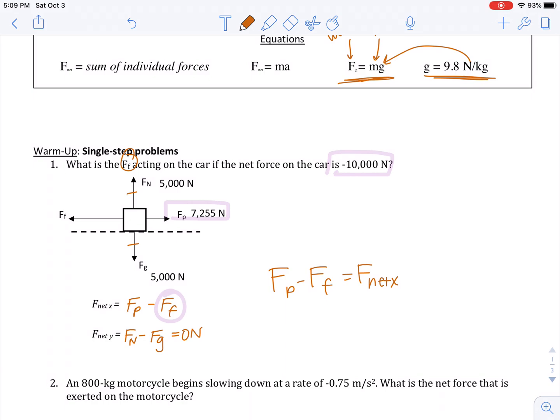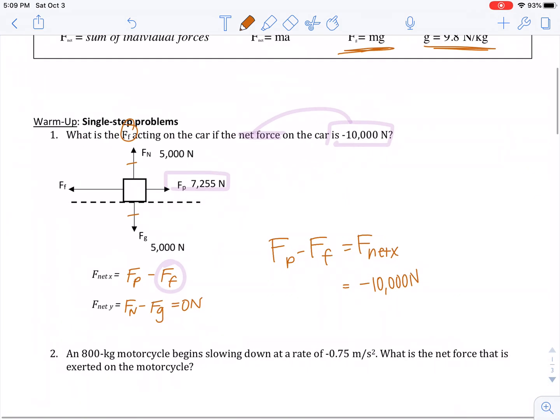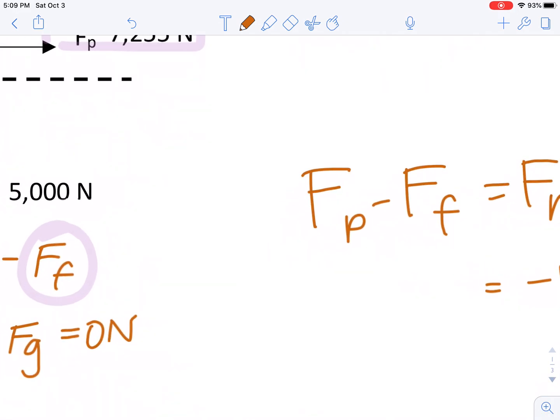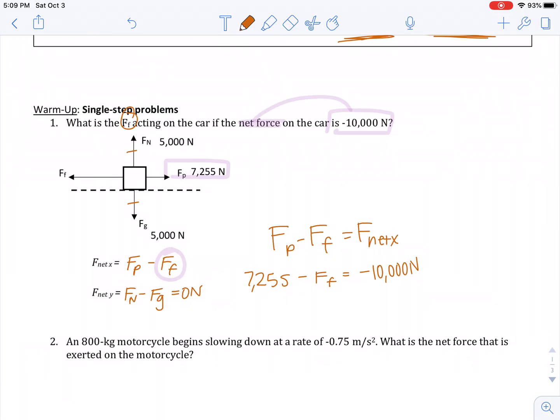Our net force is negative 10,000. It's very important that you plug in those negatives. And our pull force is 7,255 newtons. Then I just need to solve for that force of friction.